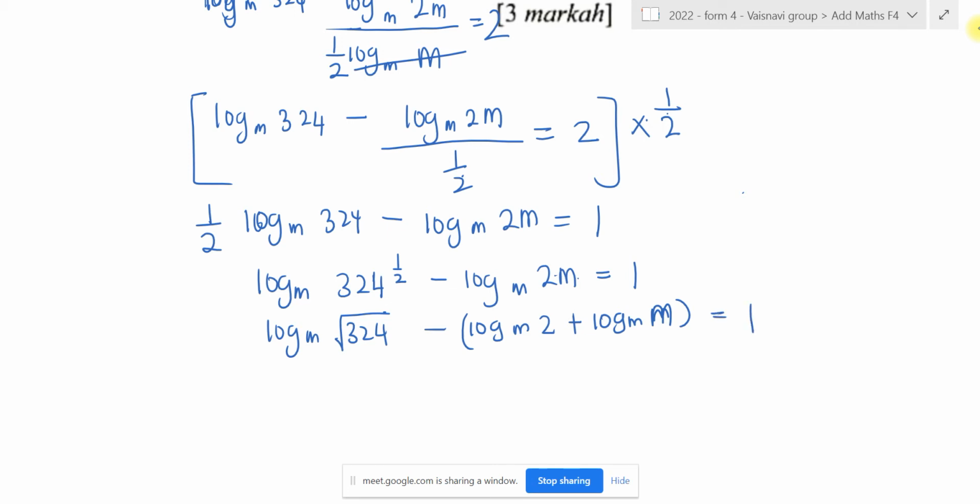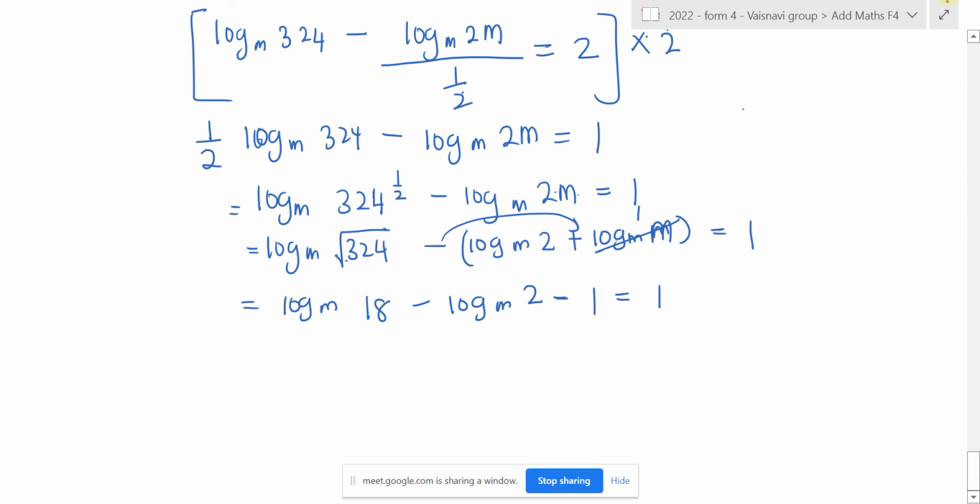Okay, and then we try to simplify things. Log m of the square root of 324. Square root of 324 is 18, minus log m 2. This minus and this positive will cause a negative. Log m m is 1, so minus 1 equals 1.